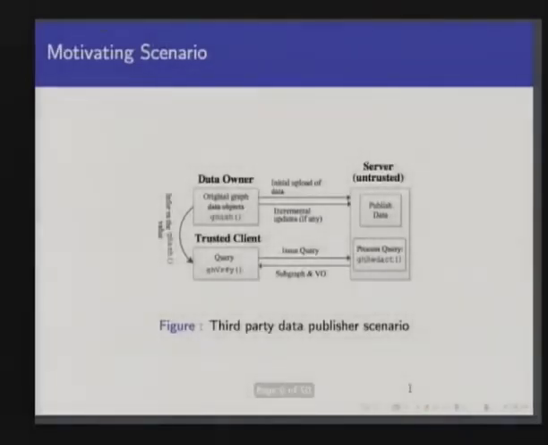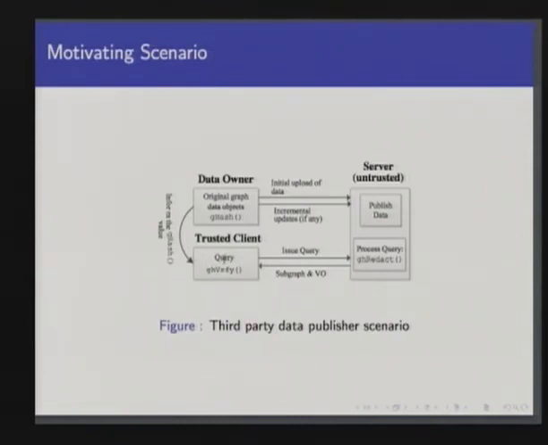Before going to a later part of my talk, let me go back again to one of my earliest slides and diagram. In this diagram, there are 3 entities. There are users.